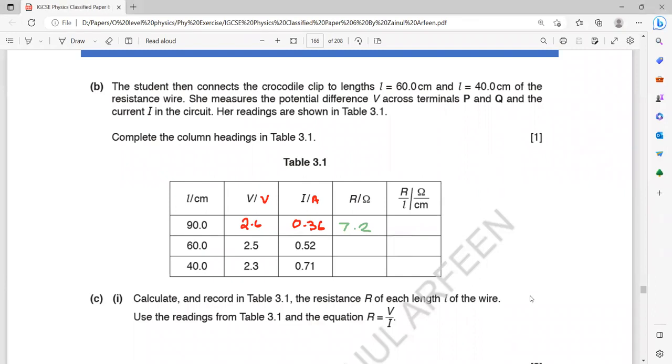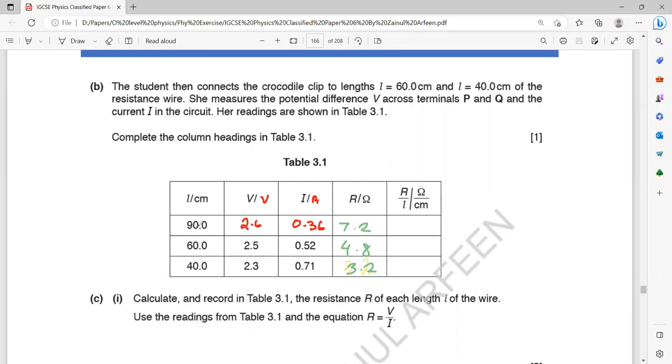And then 2.5 divided by 0.52, 4.8. And then the last value, 2.3 divided by 0.71, 3.2.